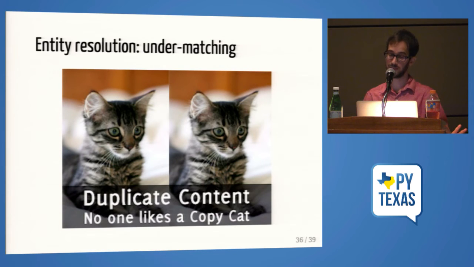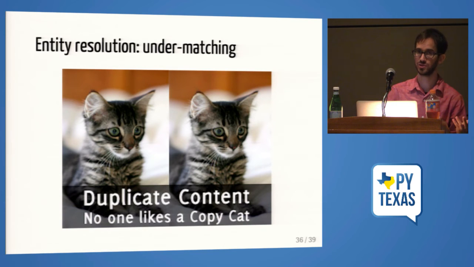Another issue that might occur is undermatching. It means basically that you will have duplicate content. If we can't match the Golden Gate Bridge from Facebook to the Golden Gate Bridge from Wikipedia, we will have two POIs in our system that are the Golden Gate Bridge.